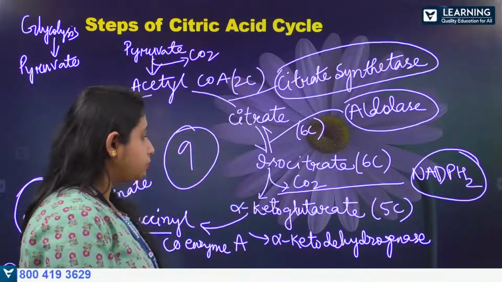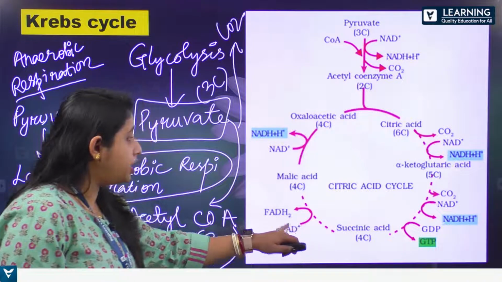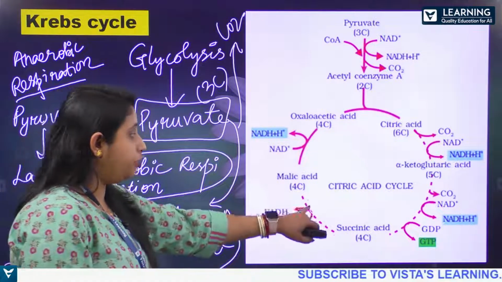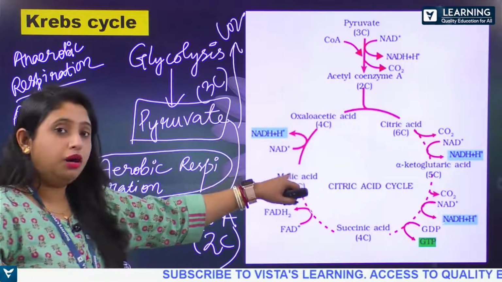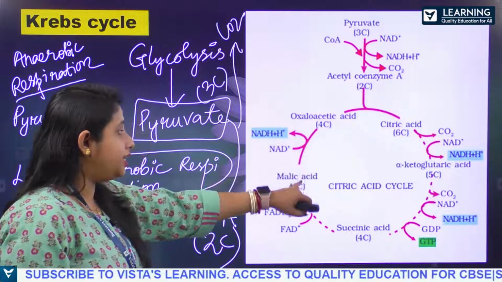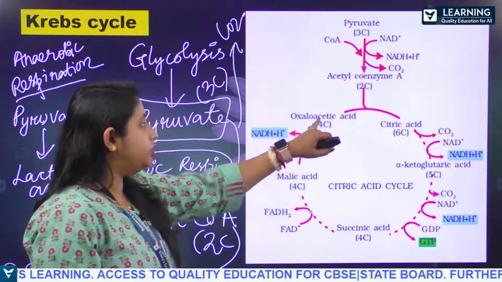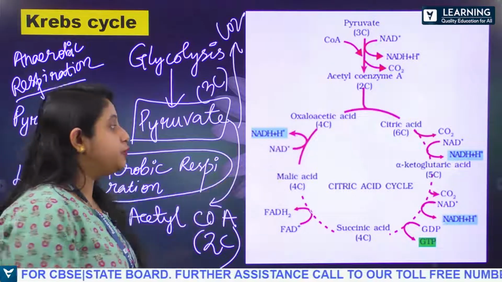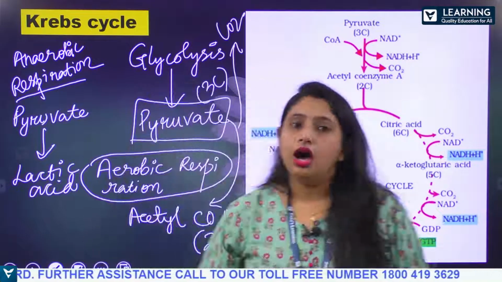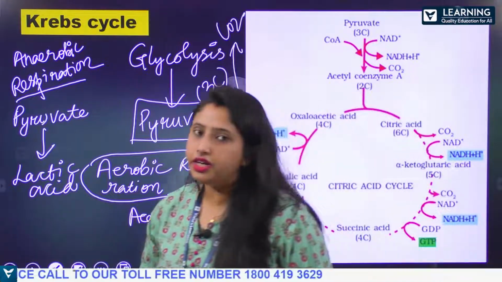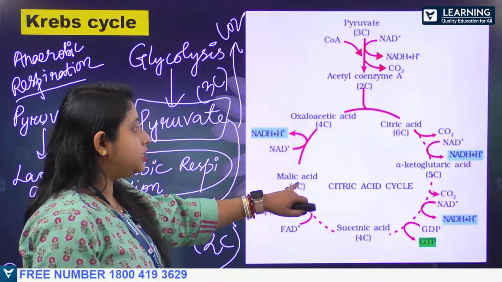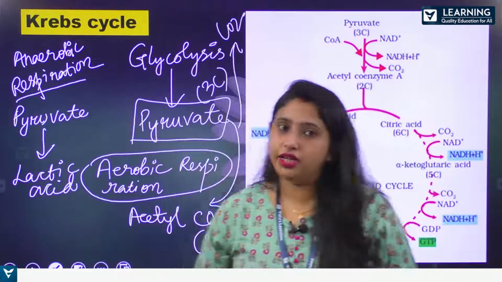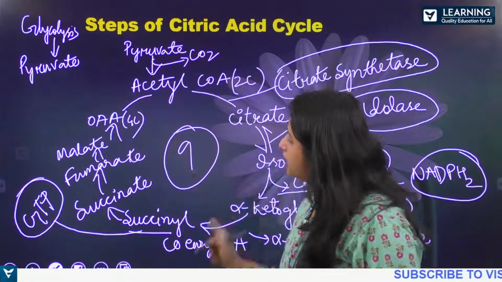Next, from succinate, fumarate is formed. Then from fumarate, malic acid, that is malate, is formed. Next, again it is regenerated into oxaloacetic acid, and here one more NADH molecule is evolved. So this is how the cycle continues. Malic acid leads to the regeneration of oxaloacetic acid. So it is a cyclic process.